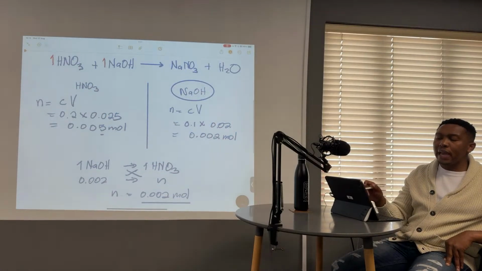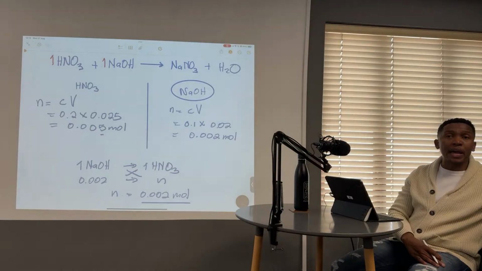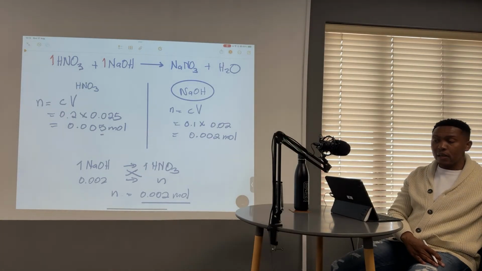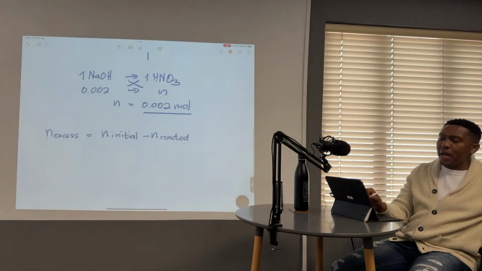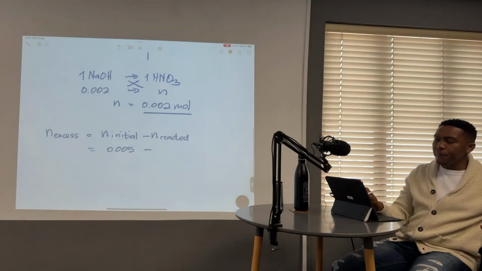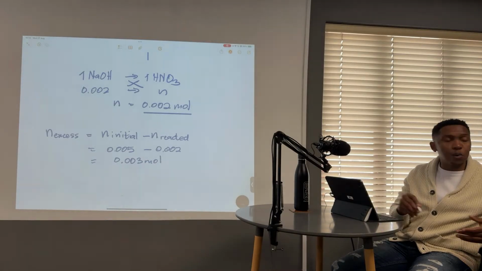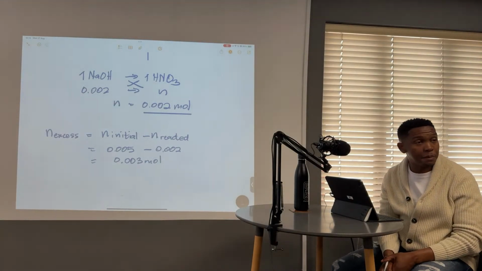So I'm looking at nitric acid and I realize that it's in excess, but by how much? I started with 0.005 moles and only 0.002 will react. So it is in excess by 0.003 moles. Does that make sense?